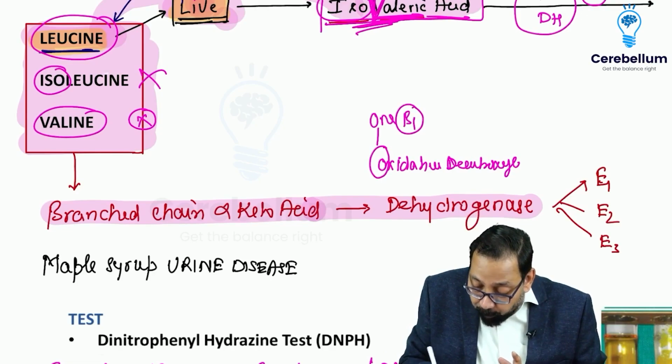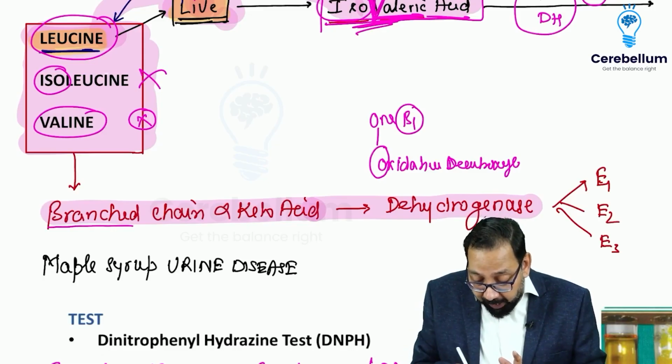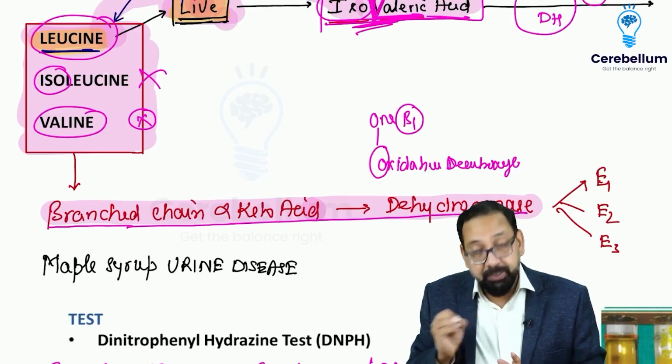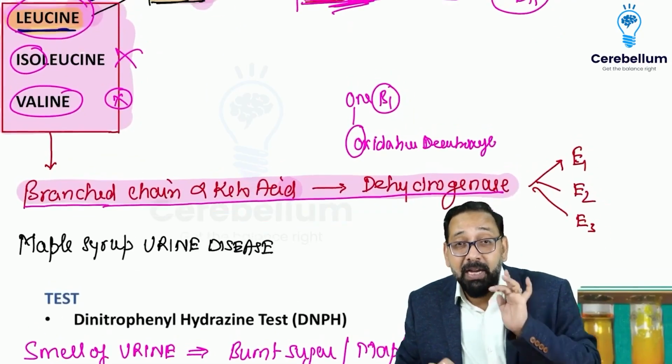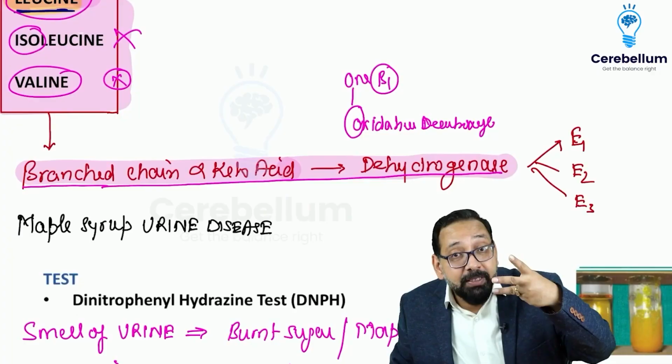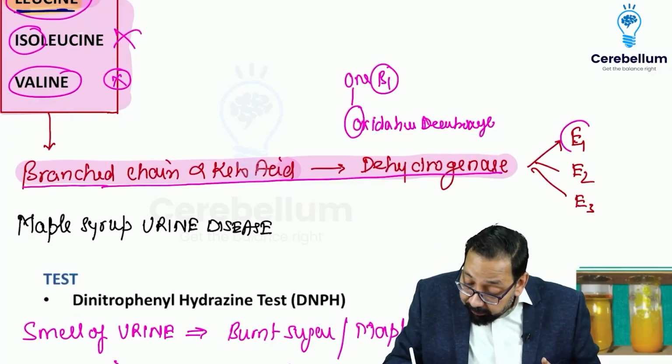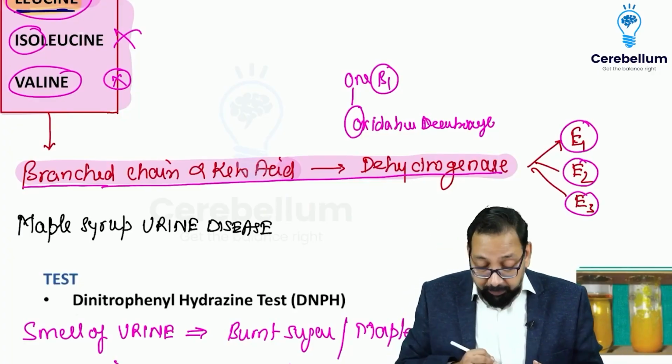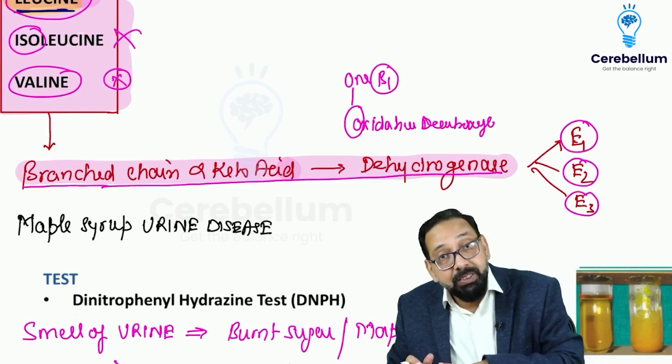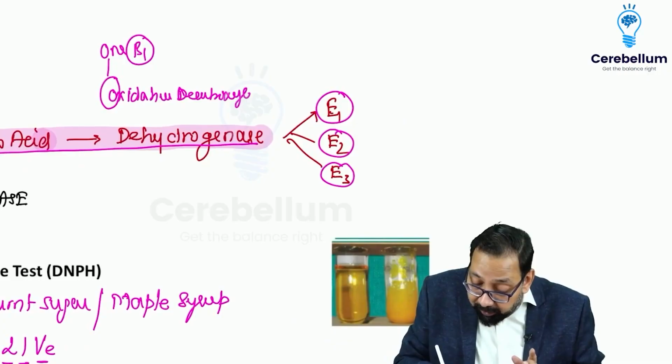Vitamin B1 is a cofactor for this branched chain alpha keto acid dehydrogenase. And this is a multi-enzyme complex. In this, 3 enzymatic activities are there, E1, E2, E3. In this complex, E1 is decarboxylase.